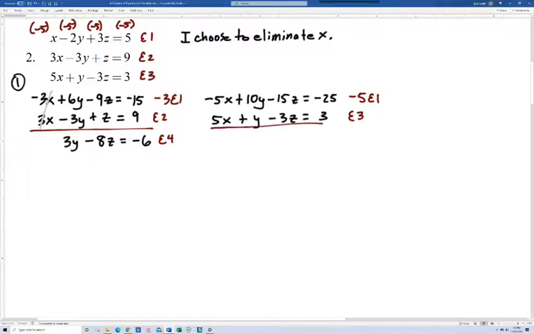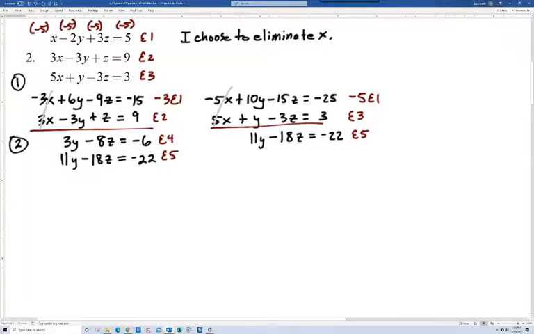You can see again our x is eliminated. That's what we planned to do. We're eliminating x in both cases. And so we're going to get 11y, and then minus 18z is equal to -22, and we'll call that equation 5. And let me go ahead and put it right underneath equation 4.